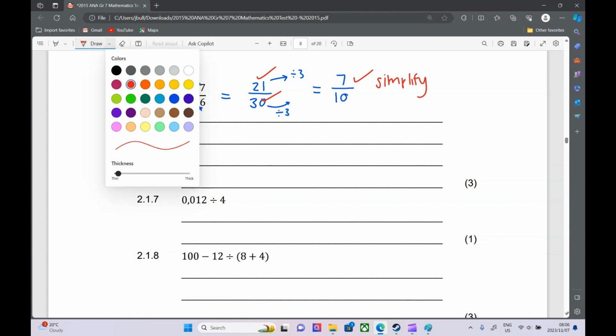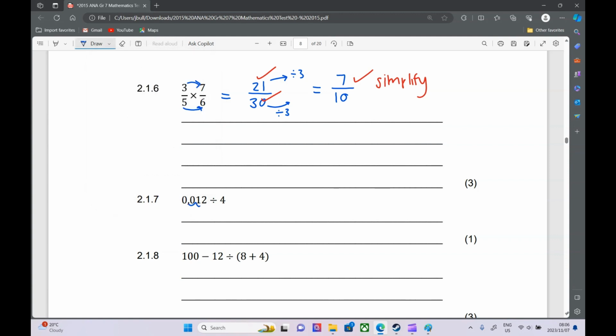Okay, then we've got a decimal question. With decimals, they like to make it seem really scary. What I would do is multiply these both so that this is just 12. So I have to times that by 100.